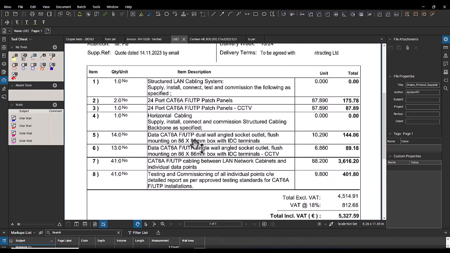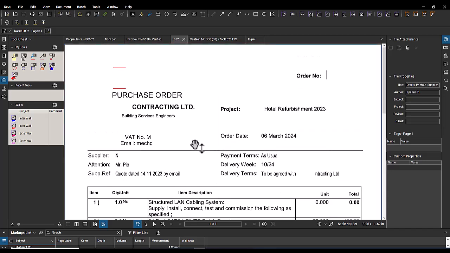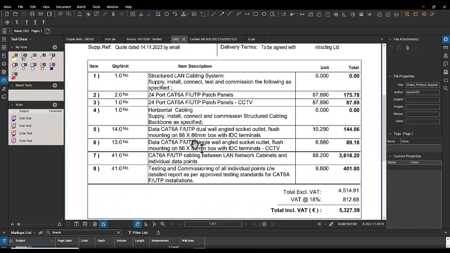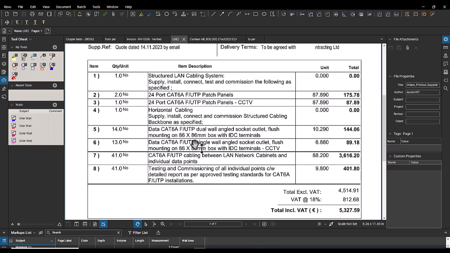Their contract is here, or this is the purchase order, and it's considered to be the contract between our subcontractor and us. So let's see. Item 1 is structured cabling, which is 0. It's not part.